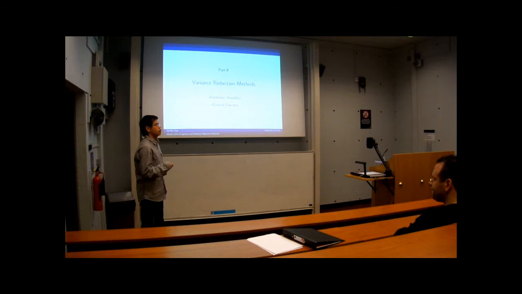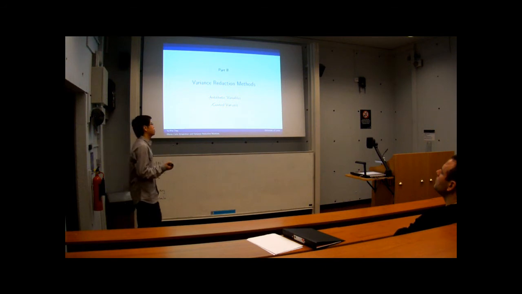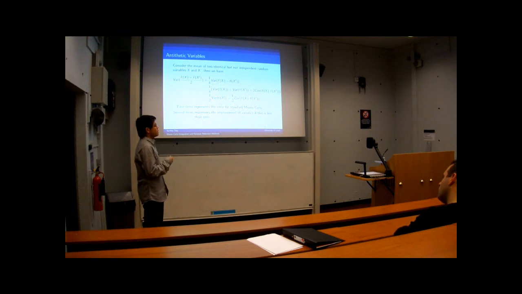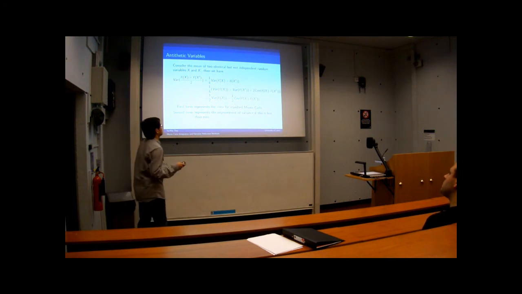In this part, I will talk about 2 variance reduction methods. The first one is called the antithetic method, and the last one is called control variates. In antithetic variables, we consider the mean of 2 identically distributed but not independent random variables, X and X prime.